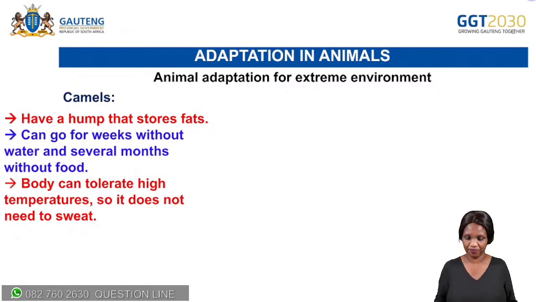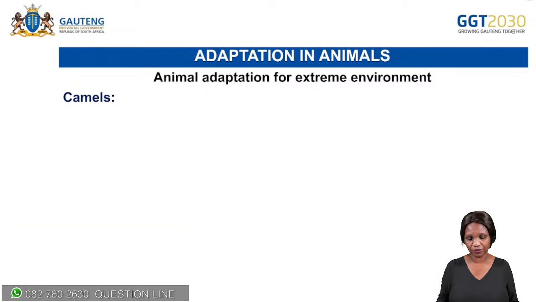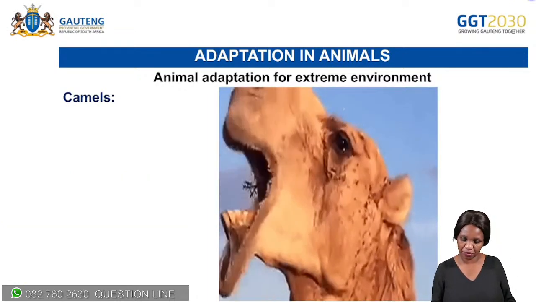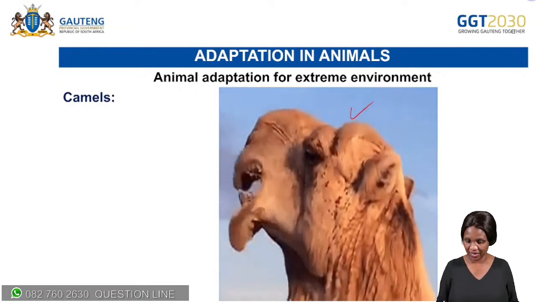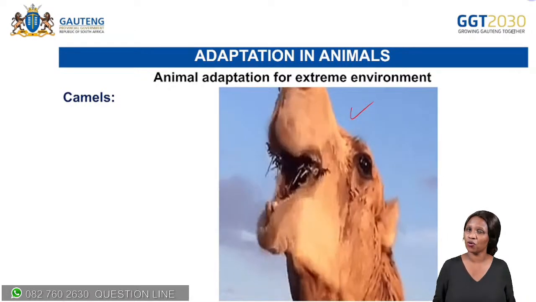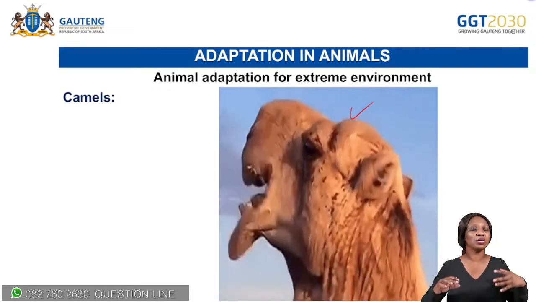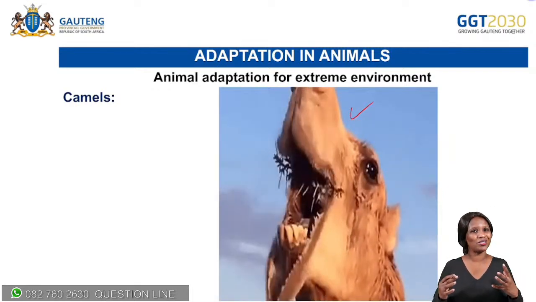All right. And then let's look at the camel here. We've got a picture of a camel. It's eating thorny bush. Why is it eating thorns? It eats thorns because it has adapted. It has a leathery mouth. The thorns don't hurt it.